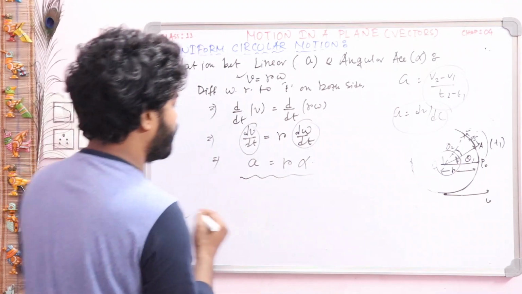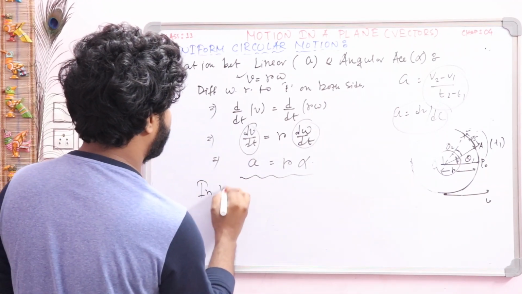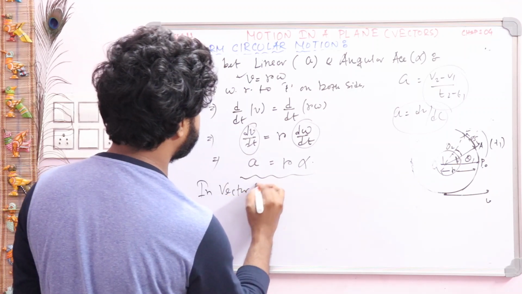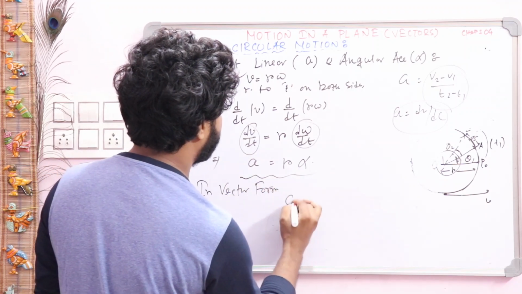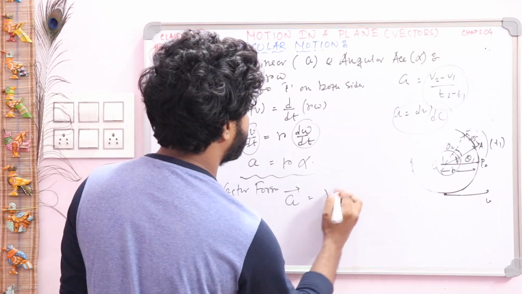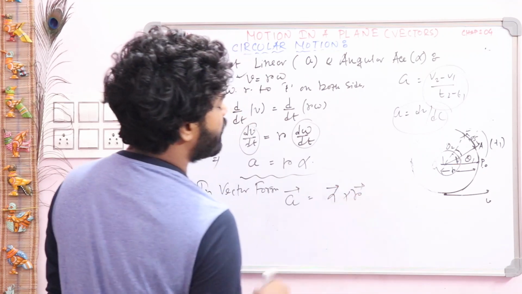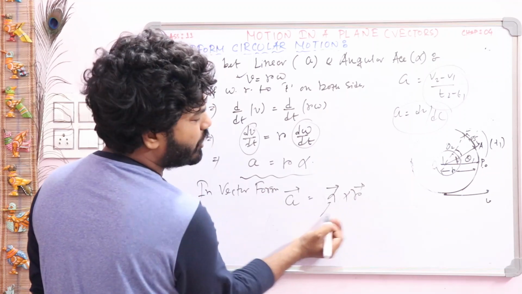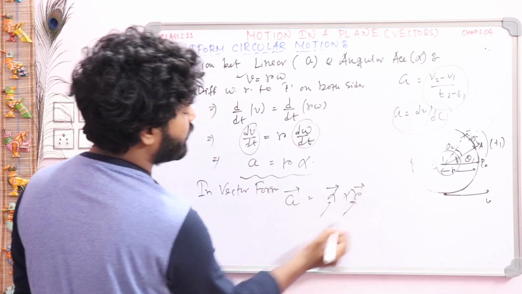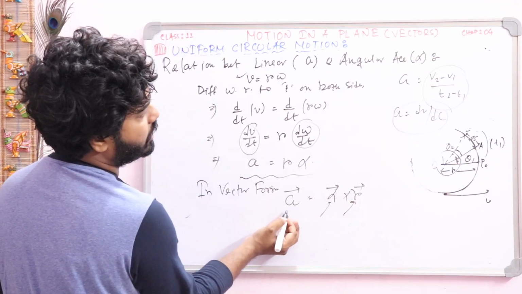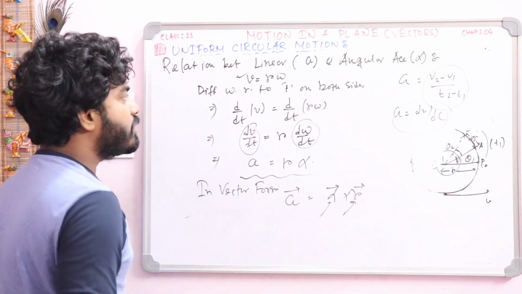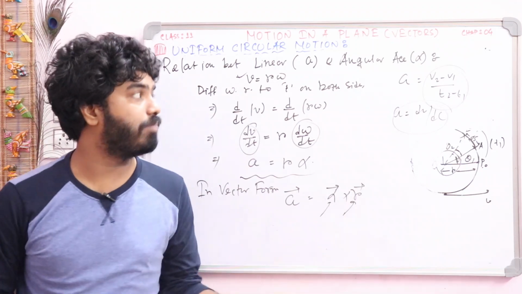In vector form you can write, a vector is equal to alpha vector cross r vector, that is the cross product of angular acceleration and the radius vector gives the linear acceleration. Okay, so this is the relation, and this is the basic part.